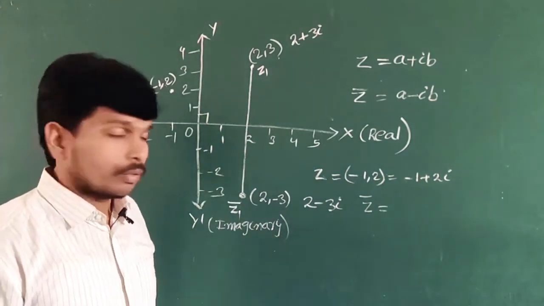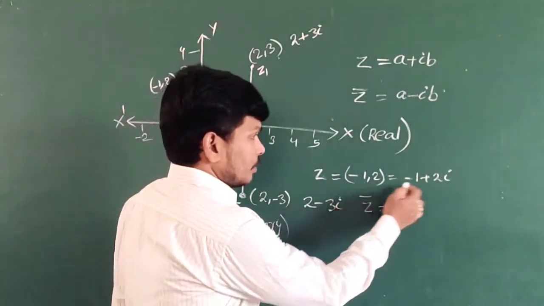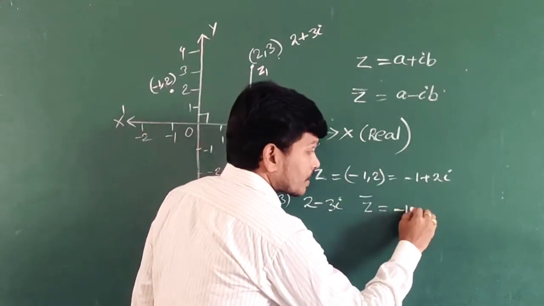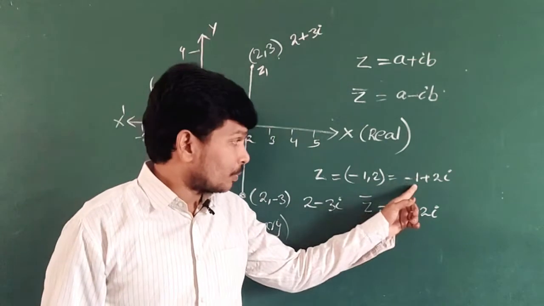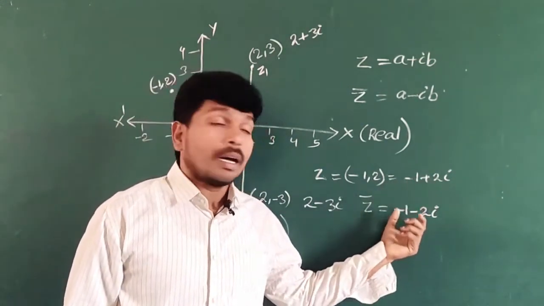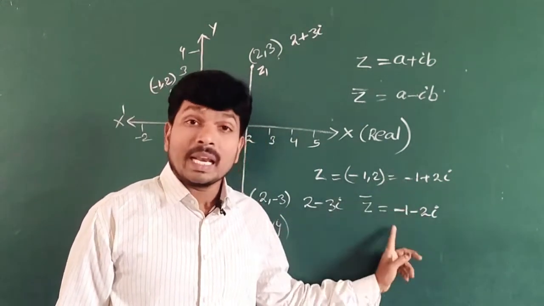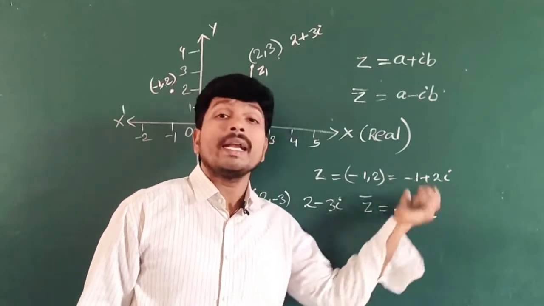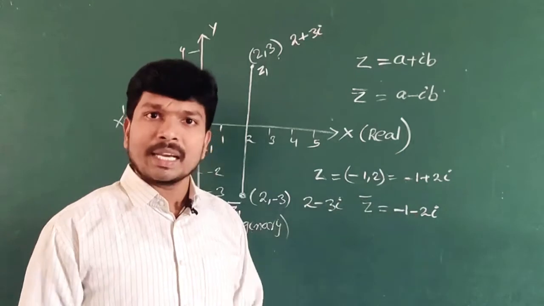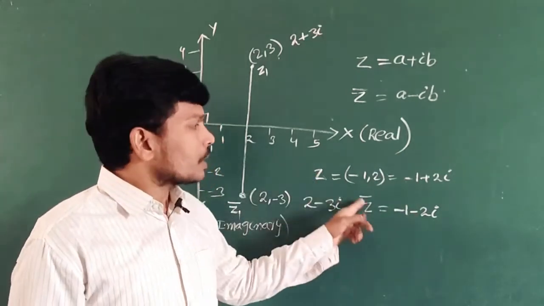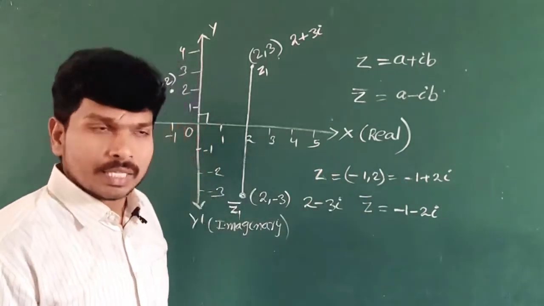The z bar value is minus 1 minus 2i. Okay, don't change anything else. Only then will you get a real number when we add both and multiply both. Whether you multiply or add these two, you get a real number, so these two are called conjugates to each other.